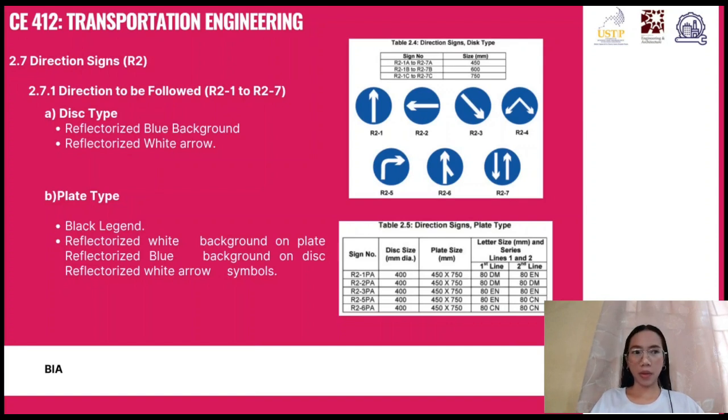The next type is the plate type: black legend, reflectorized white background on plate, reflectorized blue background on disc, and reflectorized white arrow symbols. This type is a blue disc symbol placed on a white rectangular plate with black text.